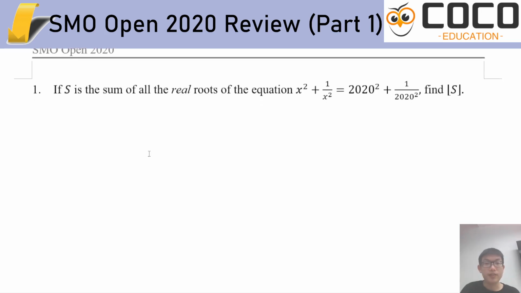Question 1. If S is the sum of all the real roots of the equation x squared plus 1 over x squared is 2020 squared plus 1 over 2020 squared, find floor of S. Now, this is not a very difficult equation to solve because it's not a very difficult equation to guess the solutions. So the first method is just to solve it by observation.